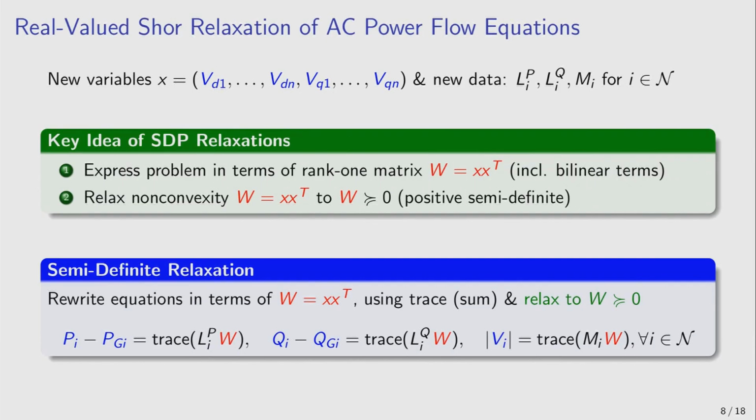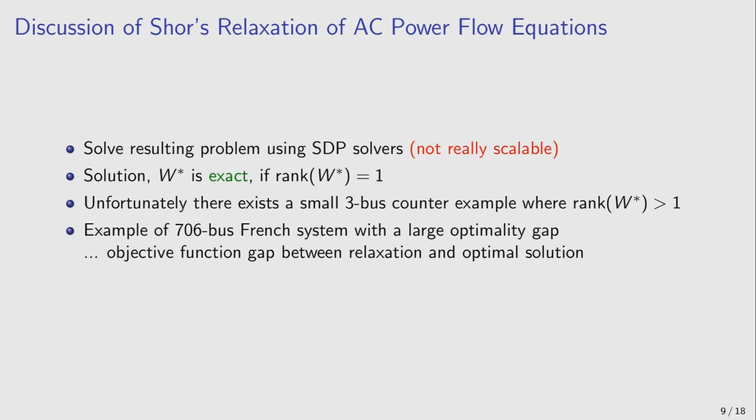So this constraint says the matrix W is positive semi-definite, meaning all its eigenvalues are non-negative. And there are solvers for this, SDP, semi-definite programming solvers, but unfortunately they're not really scalable. There's been a lot of progress, but the complexity of these solvers is still prohibitive for doing large systems.